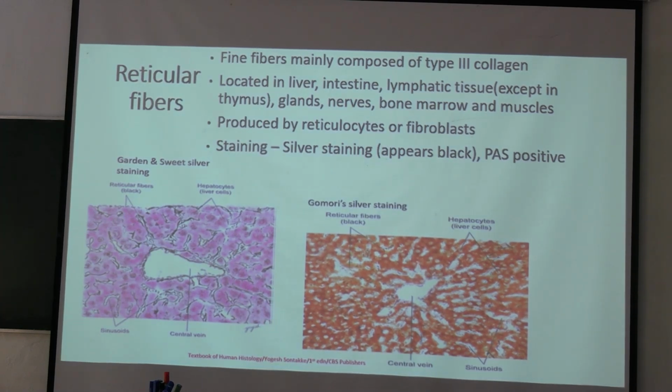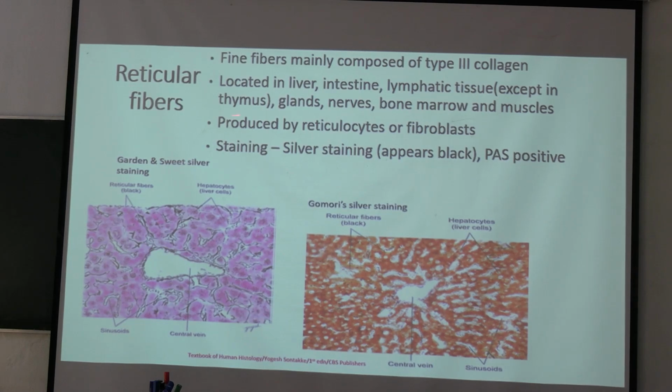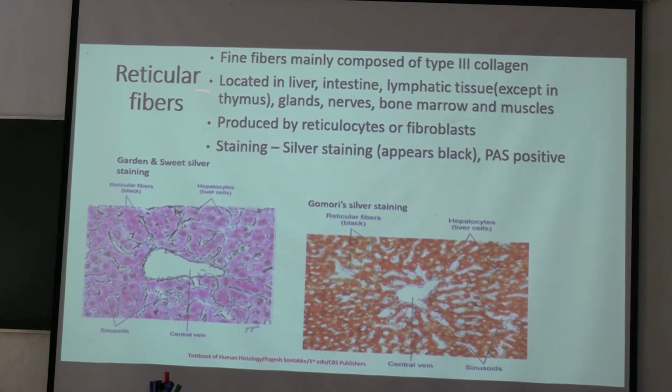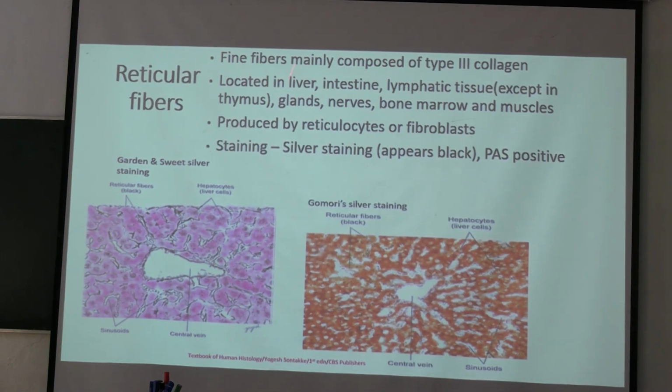So we have discussed the collagen fibers. Next we go to reticular fibers. This type 3 collagen fiber is also known as reticular fiber. These are fine fibers mainly composed of type 3 collagen, located in liver, intestine, lymphatic tissue, except in the thymus, glands, nerves, bone marrow and muscles.